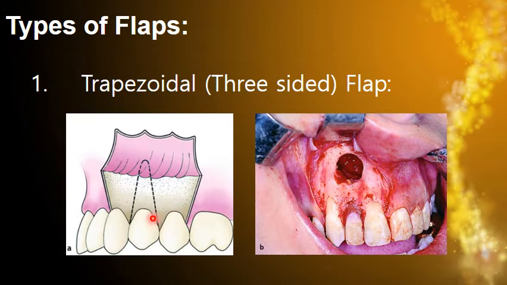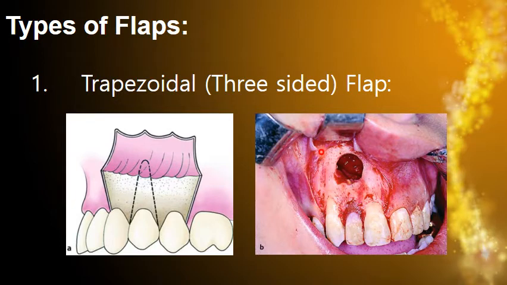It is formed by a horizontal incision along the gingiva with two oblique vertical incisions extending to the vestibule. The vertical releasing incision must always extend to the papilla and never to the center of the tooth on the labial or buccal side.